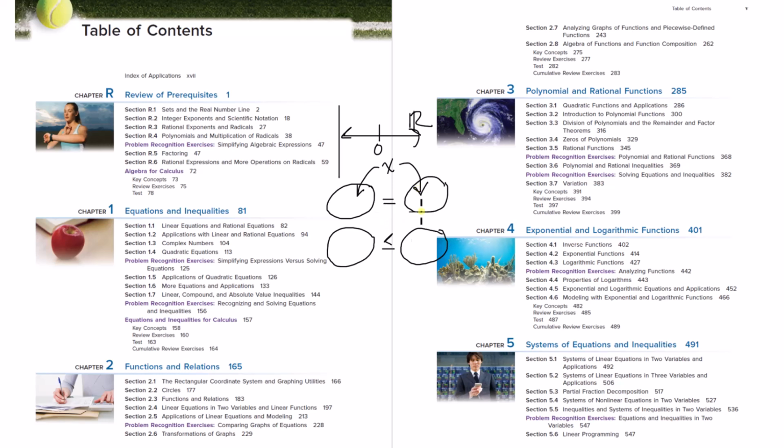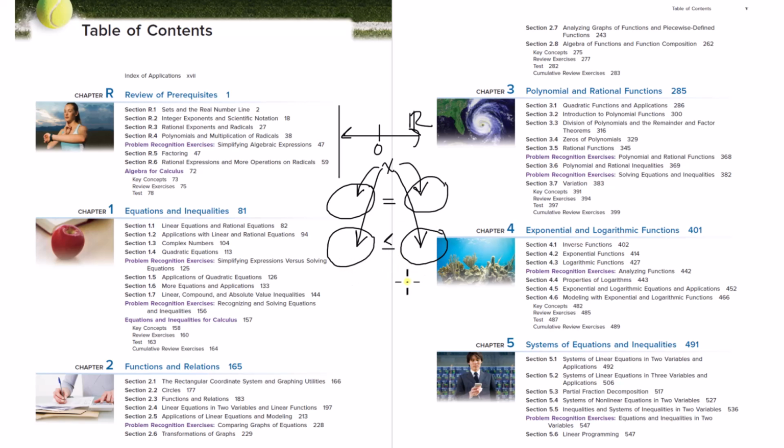Okay, and it's the exact same idea with the inequality, but it's not equals in this case. So you take a value of x and you plug it into the left side, and you simplify and get a number. You take that same value of x, you plug it into the right side, you simplify and get a number. Is that number on the left less than or equal to the number on the right?